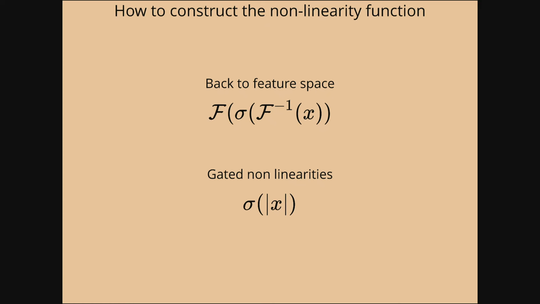Or another possibility, which is called gated nonlinearities, and it's not perfect in my opinion, is we just care about the norm of the vector and we apply the nonlinearity on that.